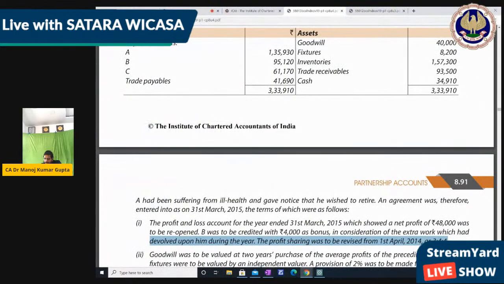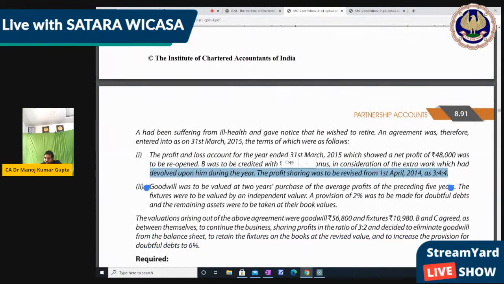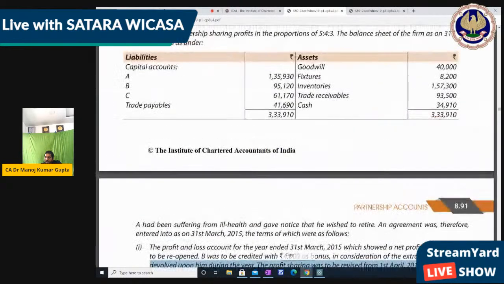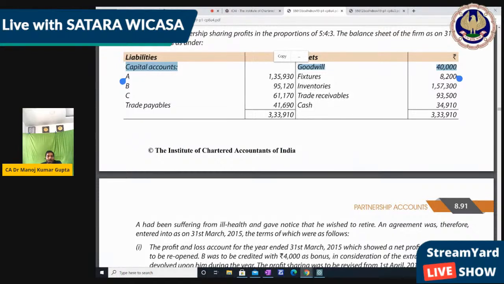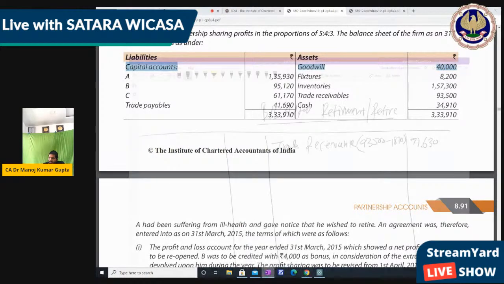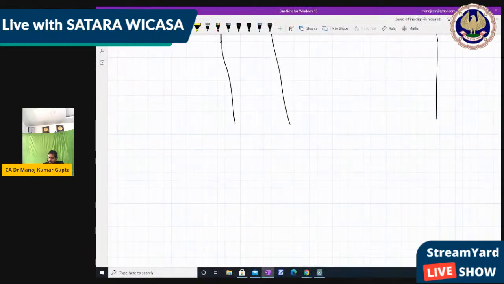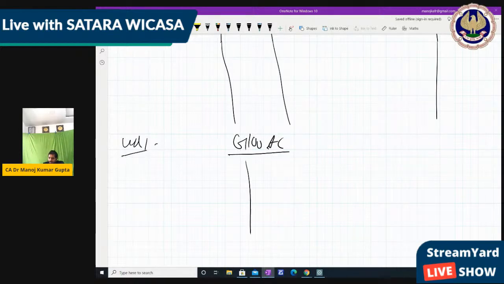Next adjustment, goodwill is valued, agreed to value at 56,800. Now we already have a goodwill account, that is 40,000 showing. So what should we do? We should prepare the goodwill account, or we can use revaluation also, but we make the goodwill account separate. That is only good, right? So make the goodwill account separate. One working note, number 1, goodwill account.